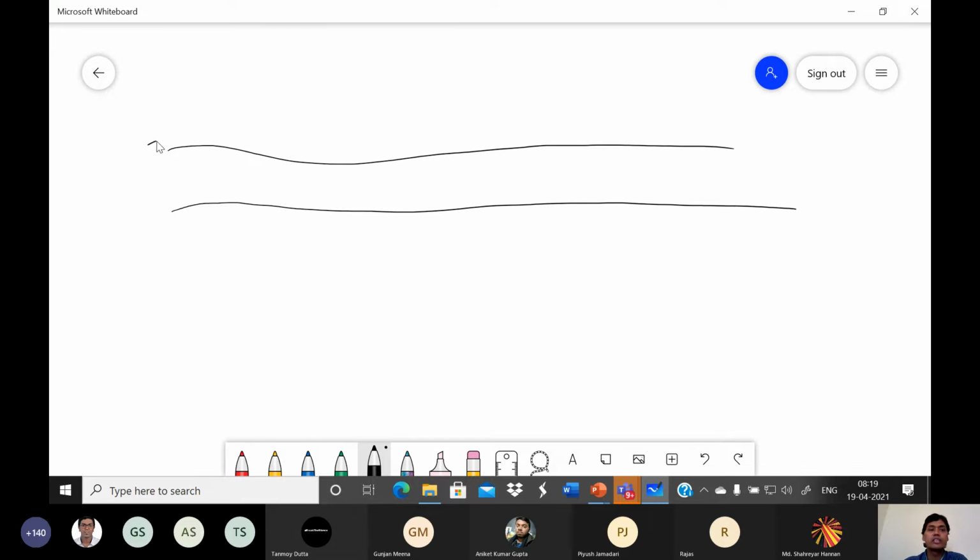So if this is the DNA sequence, 5 prime, 3 prime, 3 prime, 5 prime. Here you have a sequence like A, T, G, C, G, C, and then n number of bases, a lot of sequence here. Then again I'm just writing T, C, A, G, C, C, something like this.